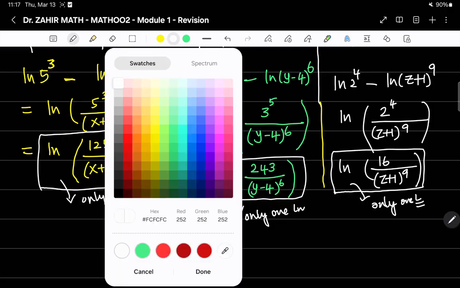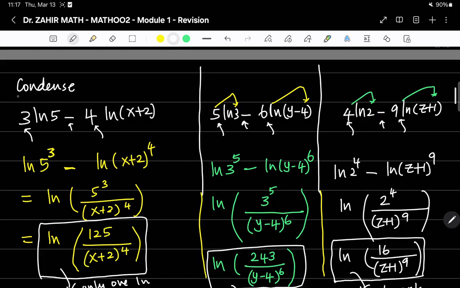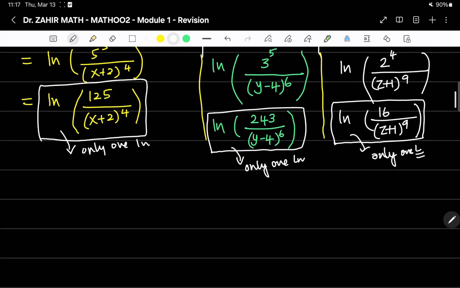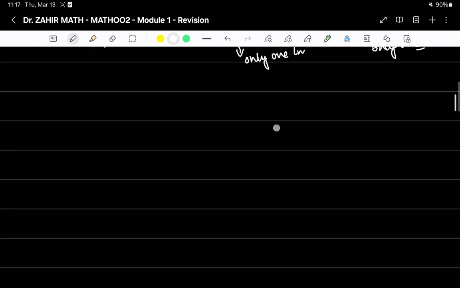The final answer is going to become only one ln. Keep in your mind. Right, so these are the ideas regarding condense and expand. If you have any questions, please give your comments in the comment section. Okay, let's go to the next idea.